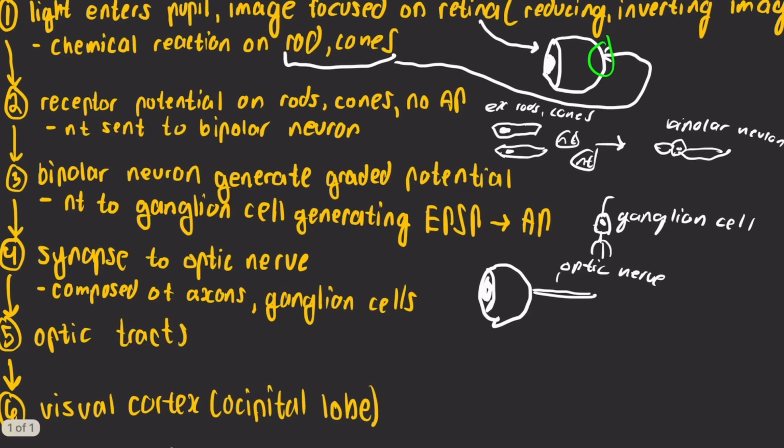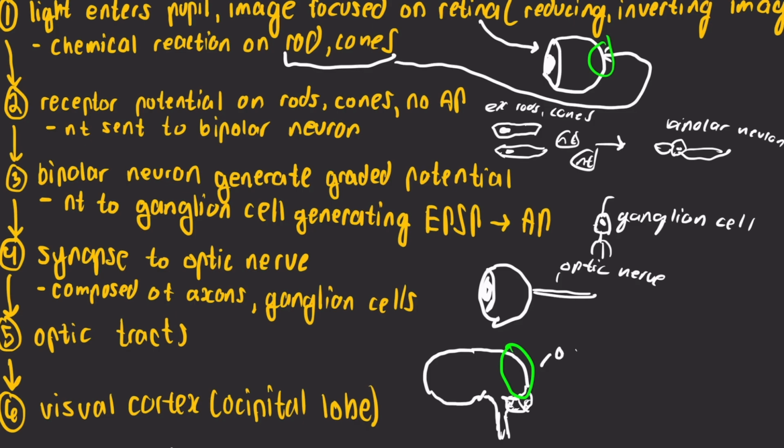Let's say this is a brain. Again, not the best looking diagram. Brain stem, and generally the cerebellum is down here, so the occipital lobe is somewhere here.